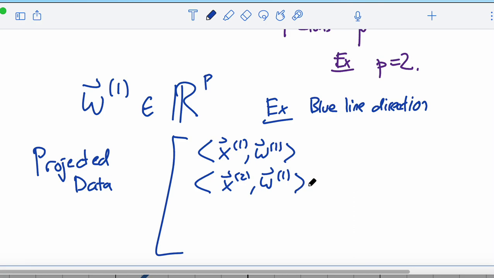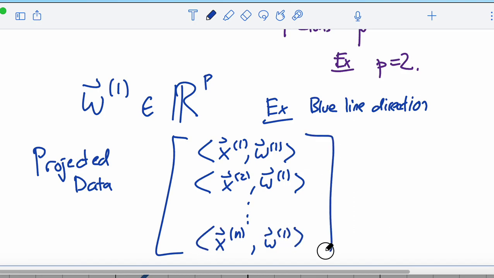You might have seen it with a dot for a dot product. We do this all the way up to xn with w1. And so this is a vector of numbers, right? If you take the inner product of the vector x1 with w1, that's two vectors, and you're saying how much they point in the same direction. That is some number. These numbers tell you how far you are along the blue line.